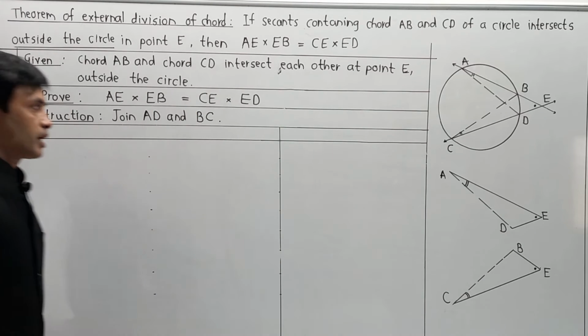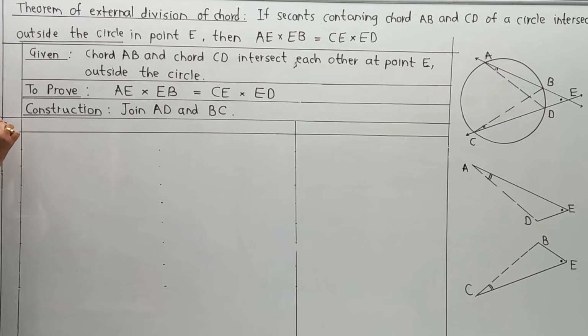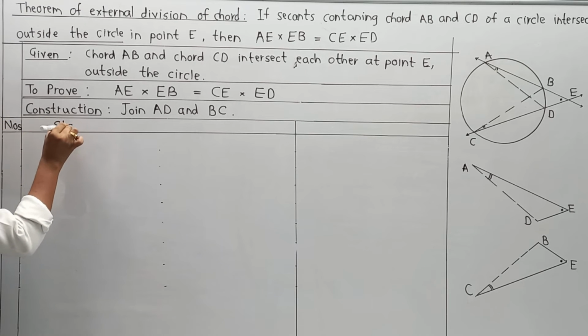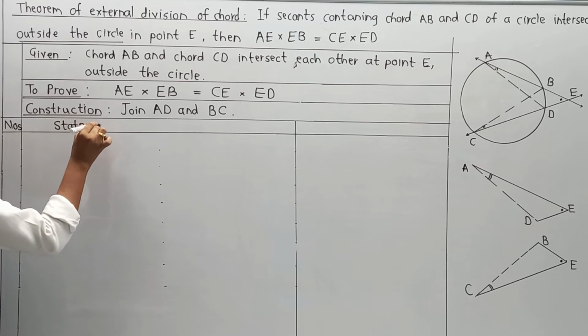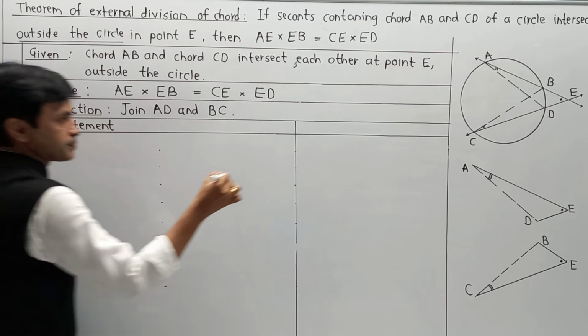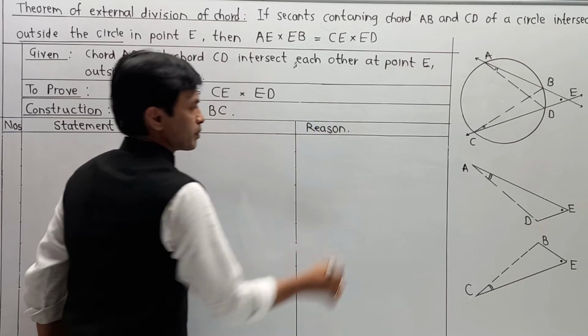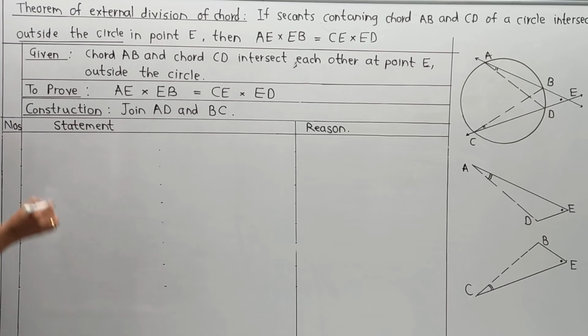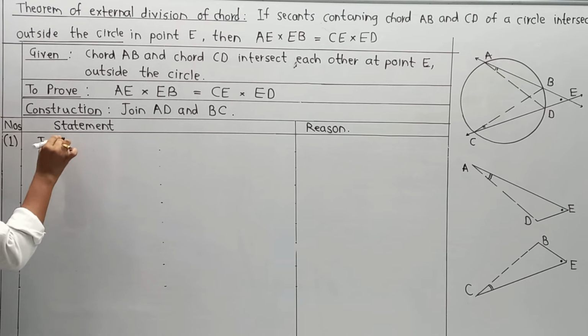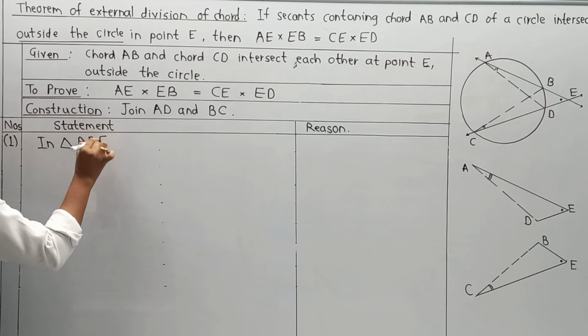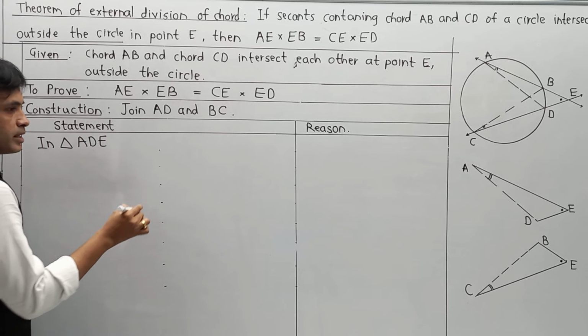So we are going to write the answer in the form of numbers, statement and reason. One by one, in triangle ADE and in triangle CBE.